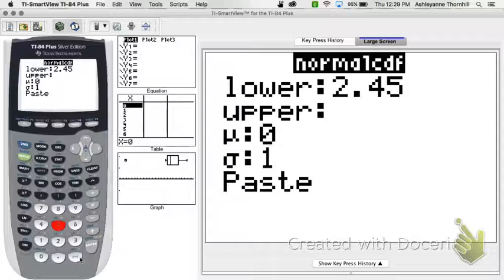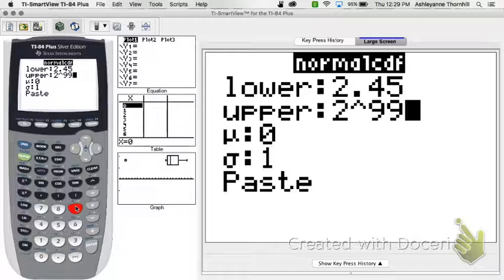And how I represent infinity, the easiest way for me is just to think of a really, really large number. So I'm going to say 2 to the 99th power. So 2, and I'm going to choose this little caret button right here under the clear, then 99. And that is infinity, pretty much. I mean, not really, because infinity is forever, but it's the biggest number possible.